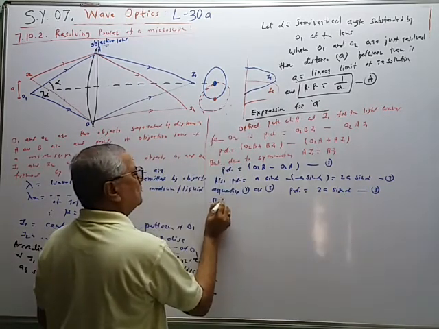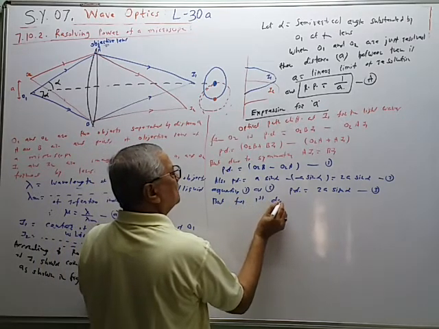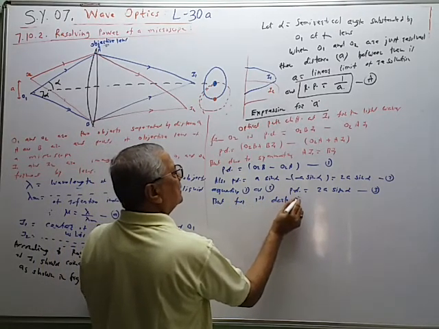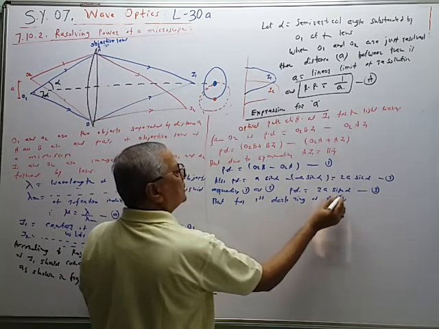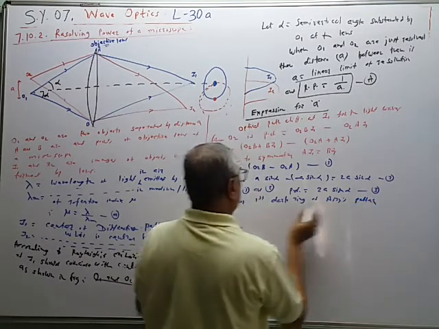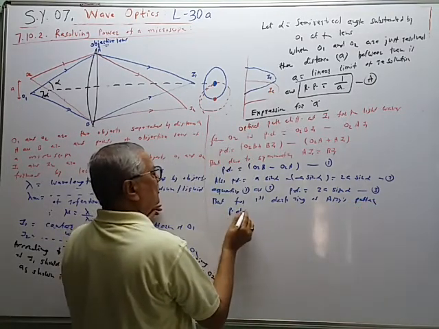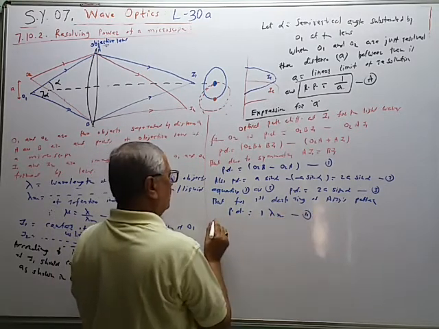But for the first dark ring of the Airy pattern, path difference is equal to 1 multiplied by lambda m. This is equation 4.